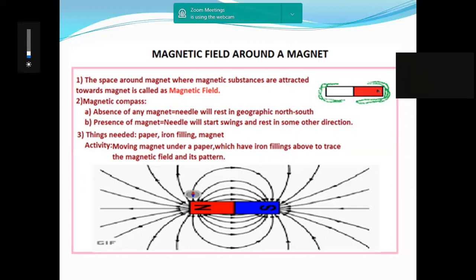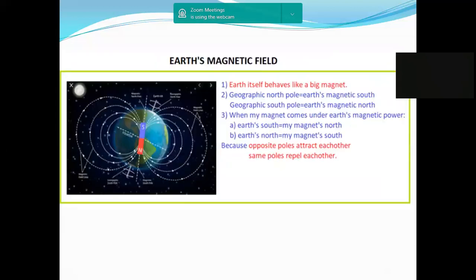After a point of time, you can find that a proper pattern is drawn on the paper. Iron filings arrange themselves in a proper pattern. That pattern is nothing but the magnetic field around the magnet. Try it out.